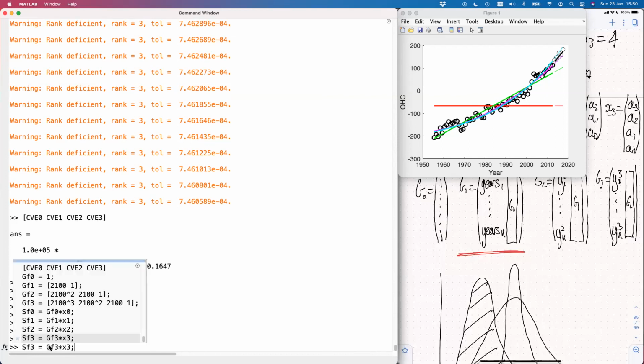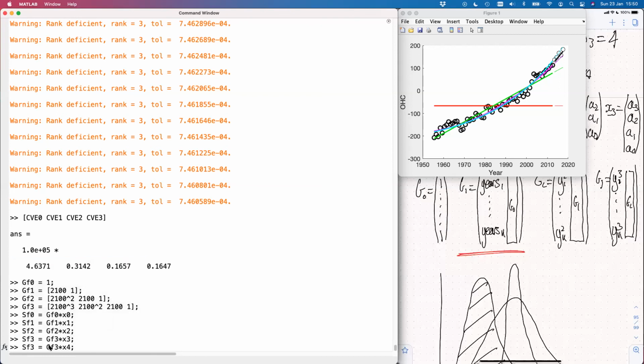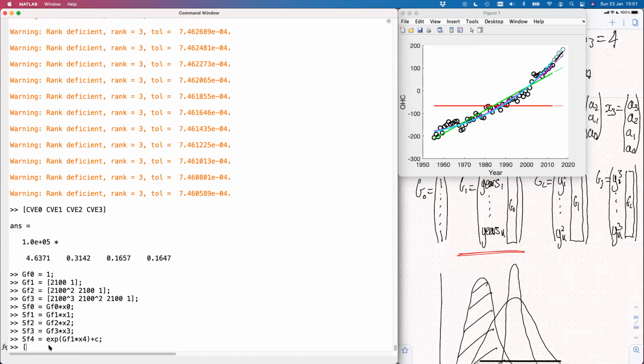Let's see, we want to include model 4 this time, of course, because I want the consensus from the Akaike weights. So for that, I have to take the exponent, use the design matrix for model 1, of course, and add this constant C. So let's have a look and see what each of those individual models gives us.